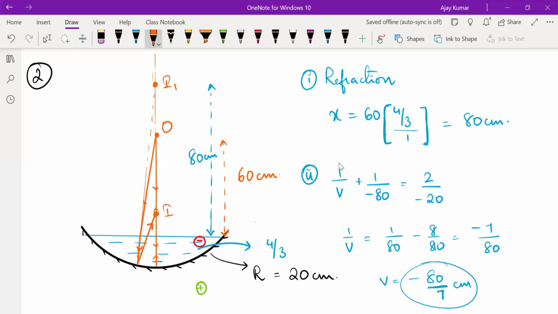This is I2. I should not draw it continuously till there because light doesn't go till there along that direction. So light travels as if it is going to meet the other ray at I2. Is this step clear to all of you? Any doubt in this?